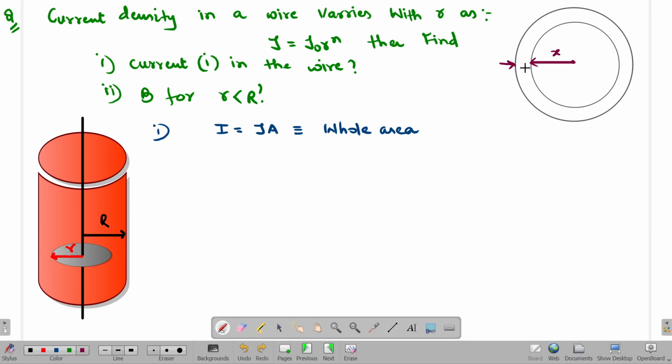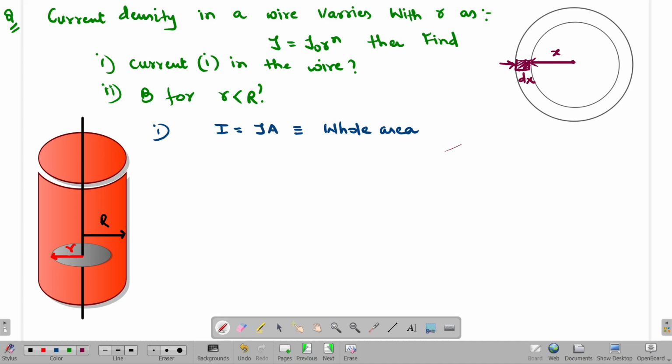This breadth is dx. I have to find the current in R, so first I need to consider some kind of ring element over here. For that ring element I need to find the small current. Then I will integrate over r, and if I integrate up to capital R, then I'll get the total current in the wire. Are you able to get me or not?